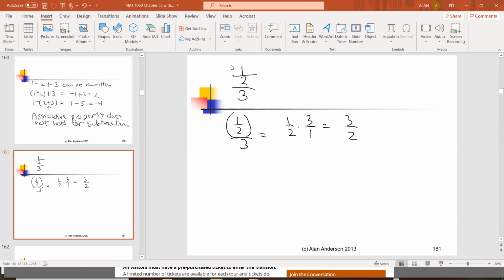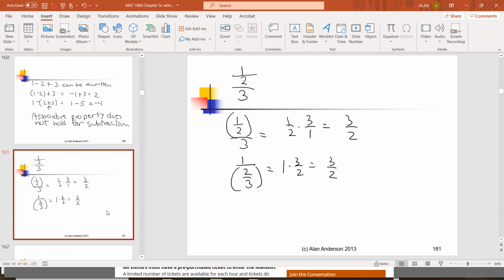That's 3/2. But if I have, well, actually, this one is working. 1/2/3. So that worked. Now that doesn't guarantee it always works. I just happen to pick that example.